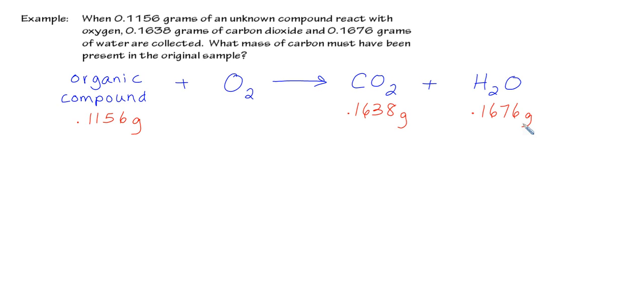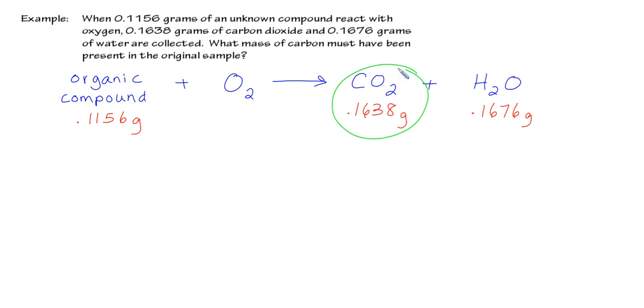Where is the carbon present on the product side? Only one spot. All the carbon from this original organic compound is now present in the carbon dioxide. You may recall the law of conservation of mass, which says that in a chemical reaction, mass cannot be created nor destroyed.